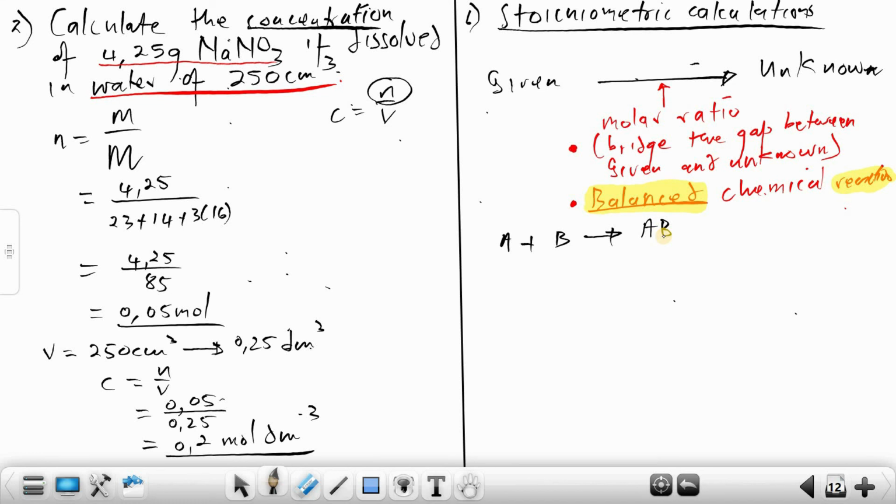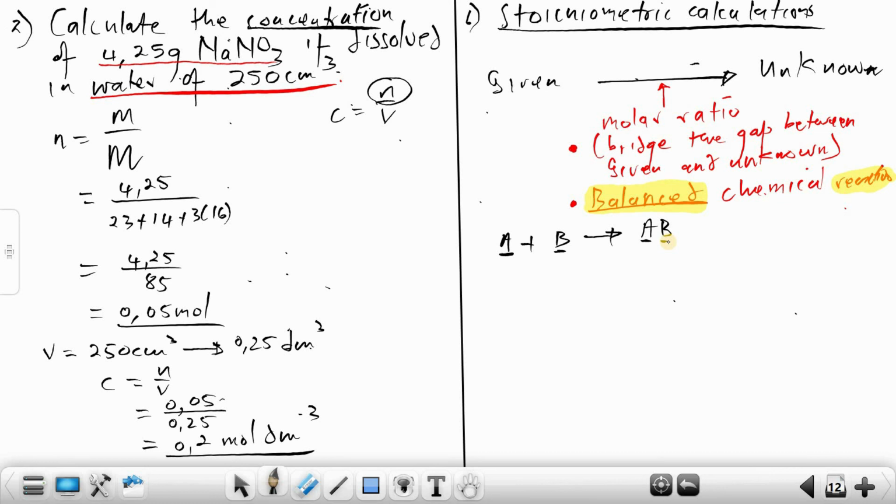So when I look into this, it says to me, is it balanced? That's the first thing to check. Yes, it is balanced. I have only A here, only B there, and then A and B. So the number of atoms of A and B are equal.